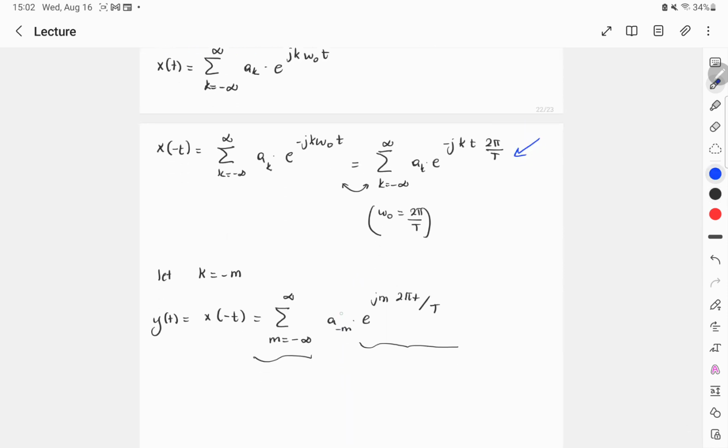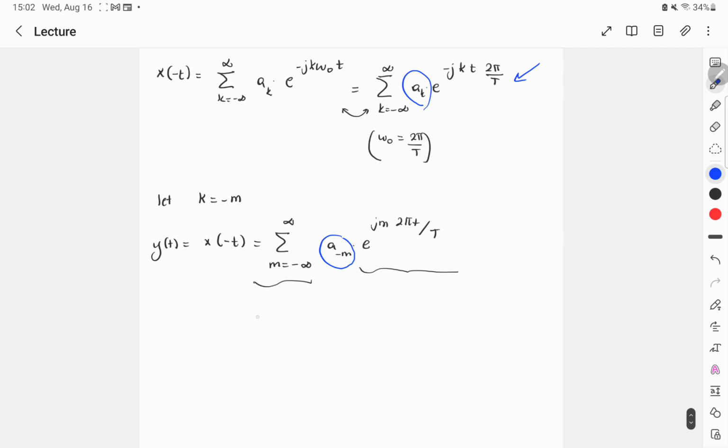The only difference is that we have a minus index and here we have a positive index. So we can write it like this.